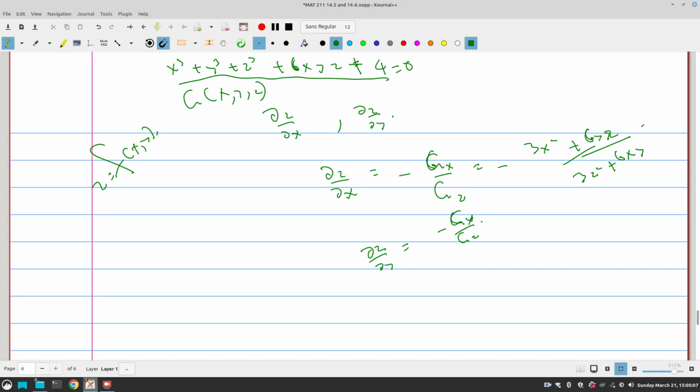Okay, so we are done with the chain rule now. We move on to section 14.6, which is the directional derivative.